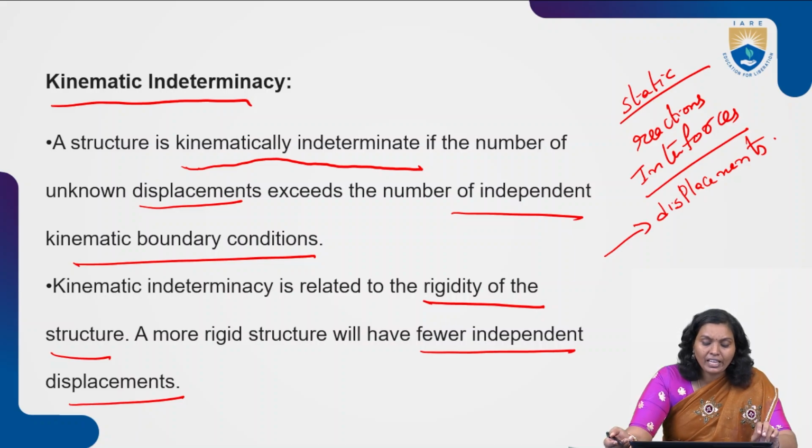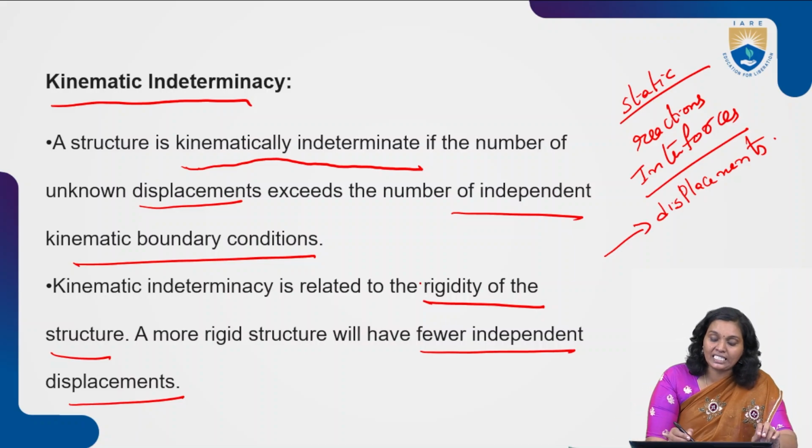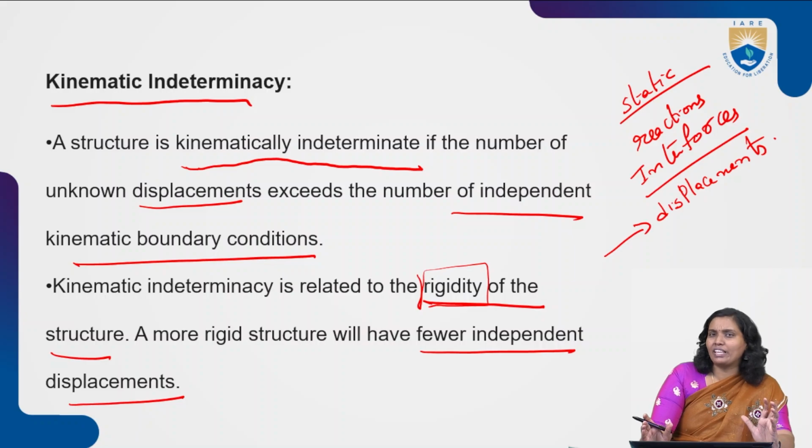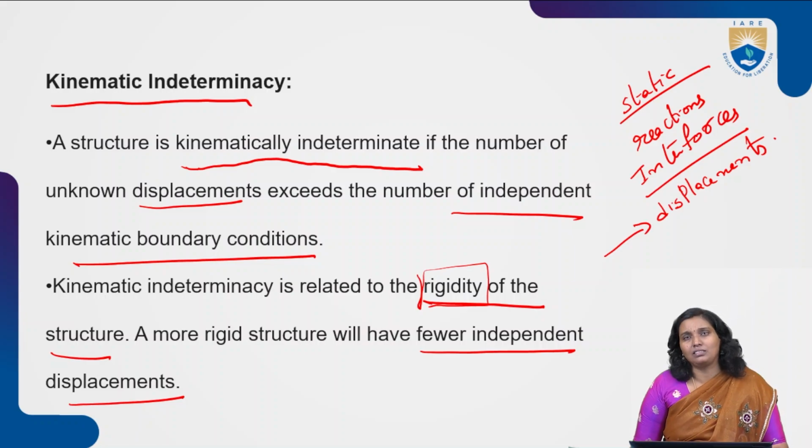Kinematic indeterminacy is related to rigidity. When the structure is more rigid, the displacements are very small. If the flexibility is more, the displacements are more, and the kinematic indeterminacy is also more, because the independent kinematic boundary conditions are not enough to identify the unknown displacements in those structural elements.